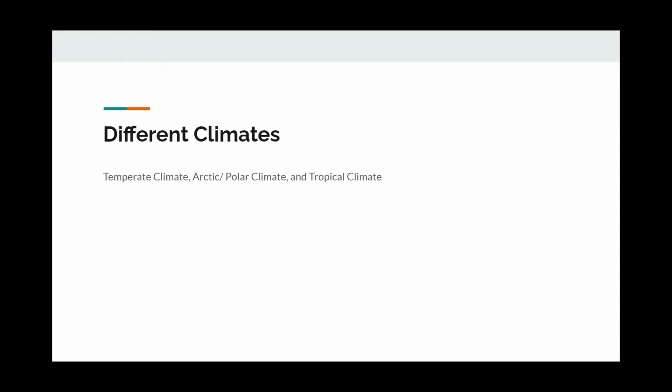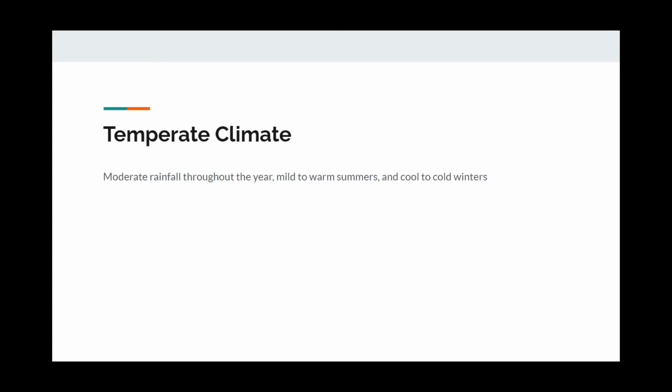So there are different climates. Okay, so there is temperate climates, Arctic/polar climates, and tropical climates. A temperate climate has moderate rainfall throughout the year, mild to warm summers, and cool to cold winters.